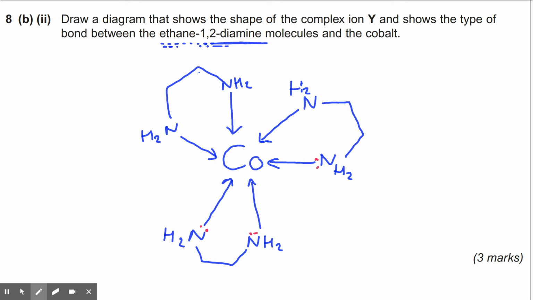And so we have the correct structure with 6 lone pairs, 1 from each nitrogen, 3 ligands around the outside of the cobalt metal ion complex, which overall, remember through this question, has had a 2+ charge.